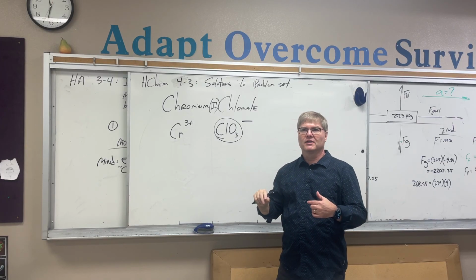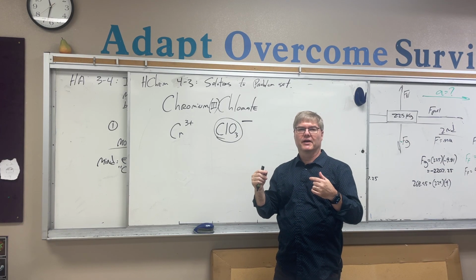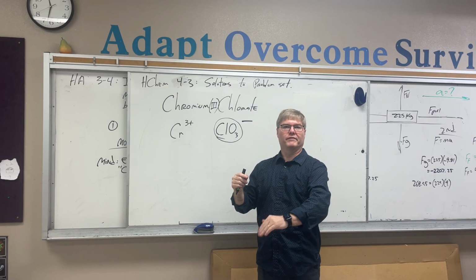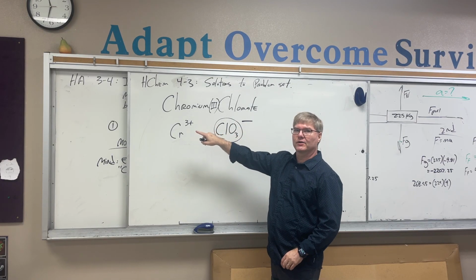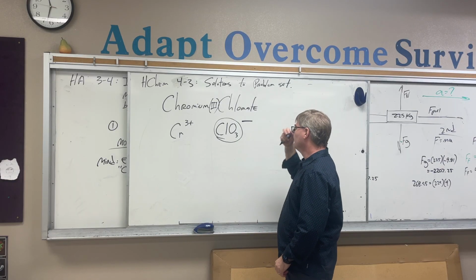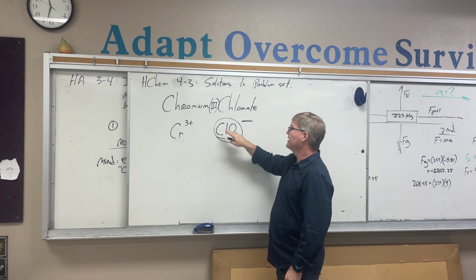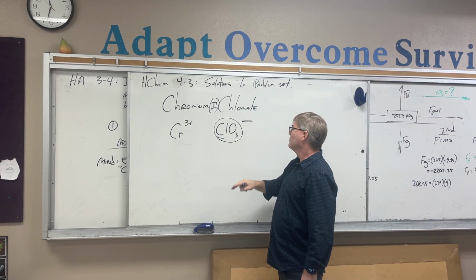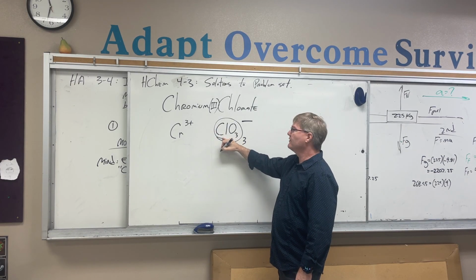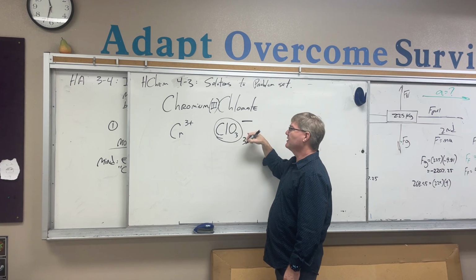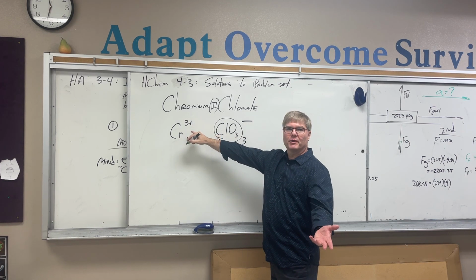Now when these things bond together, they will bond together in such a way as to get charge equivalence. Right now, the charges are not equivalent. So I've got to think about how many of these I need to get to 3. Well, if I had 3 of these formulas and each one of them was negative, that would give me 3 negatives. And if I had 1 of these, that would be 3 positives.